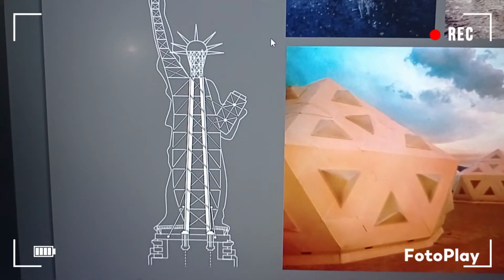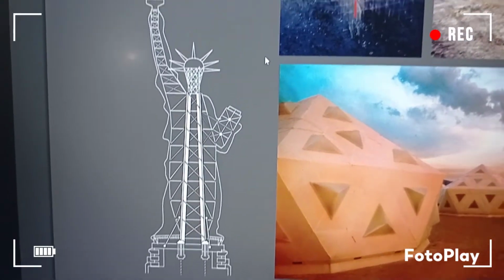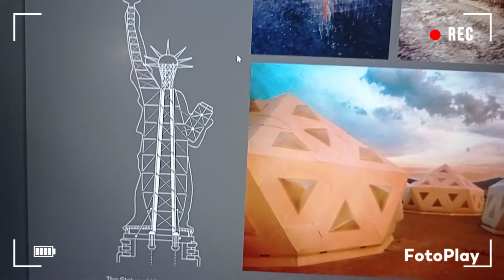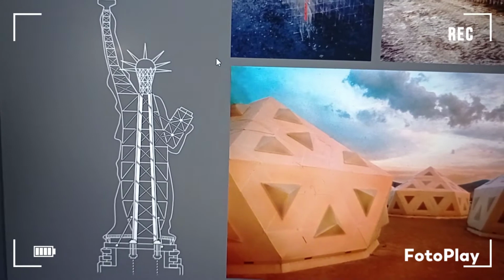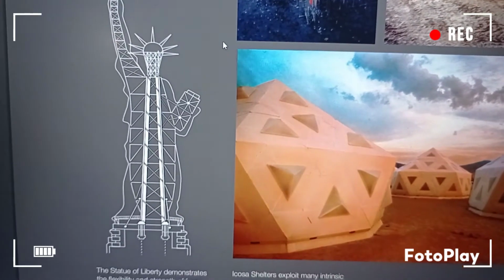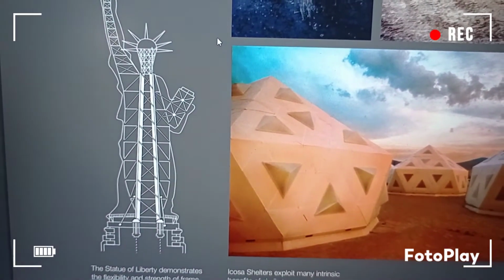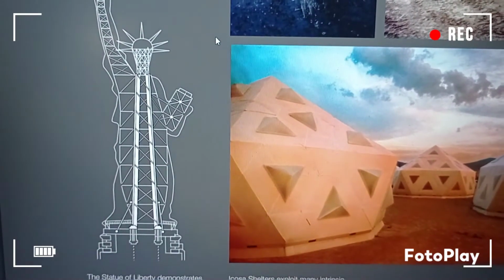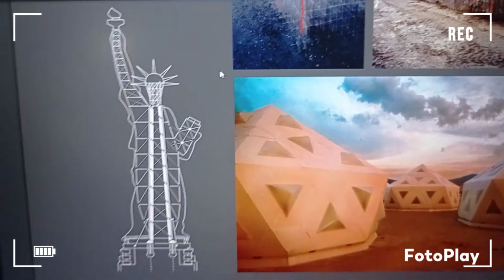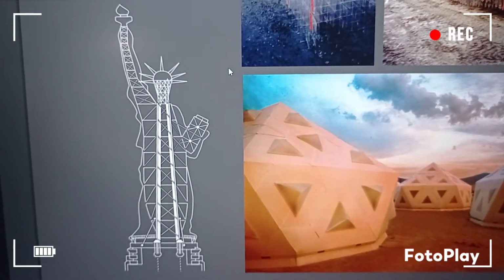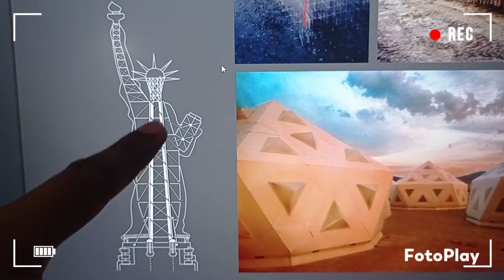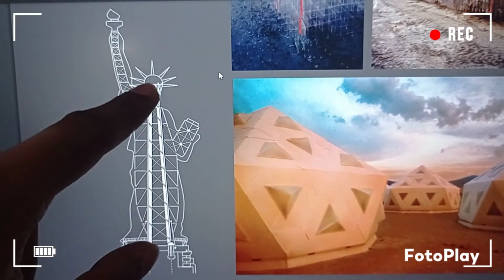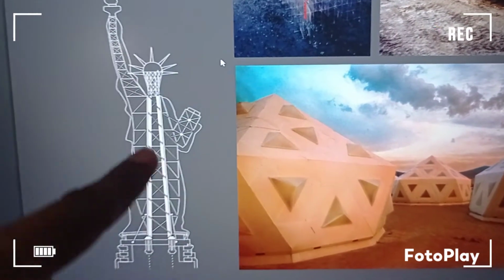That outline is the architectural finish or architectural view of the statue, but inside that you can see two clear columns and a structural frame with cross braces. So these inside parts will transfer the loads of this statue to the ground.